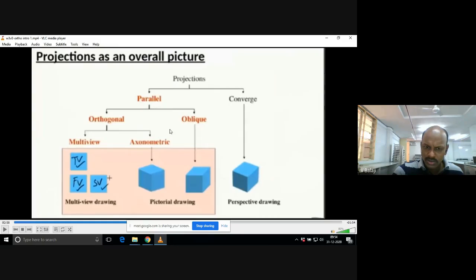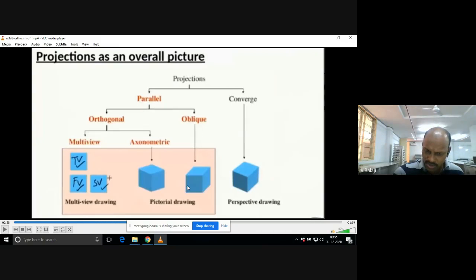In orthogonal projection, what I said, the eye rays are parallel to each other and perpendicular to the plane of projection. So that's why the meaning is parallel. Now, in the oblique case, the rays are not parallel to each other. That is the only small difference.